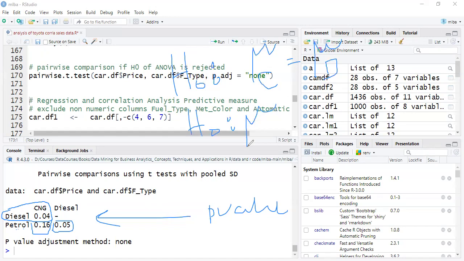The mean of petrol is the same as the mean of CNG. And the third null hypothesis is that the mean of petrol and the mean of diesel are the same. These are the 3 null hypotheses.